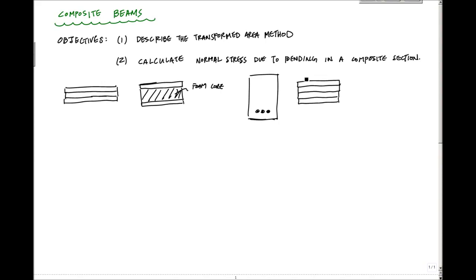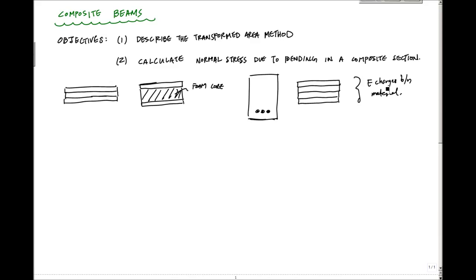You have all these different layers of material in a composite material, and it doesn't matter what the material is. What is different in each layer is that the modulus of elasticity changes between materials. They are of different moduli.